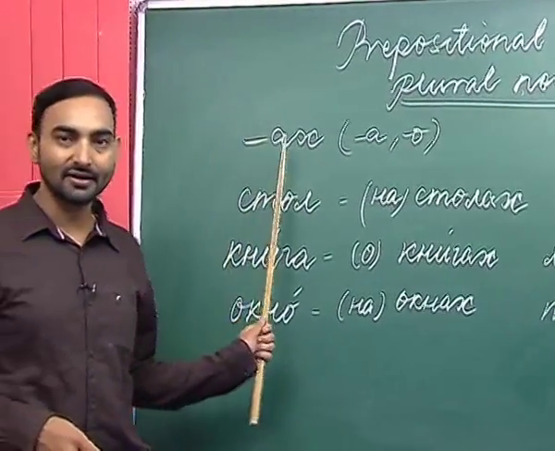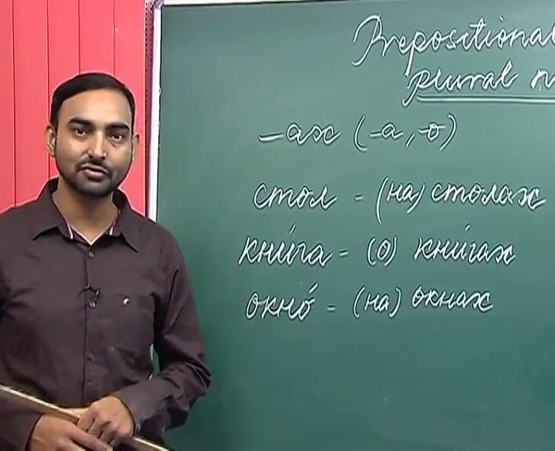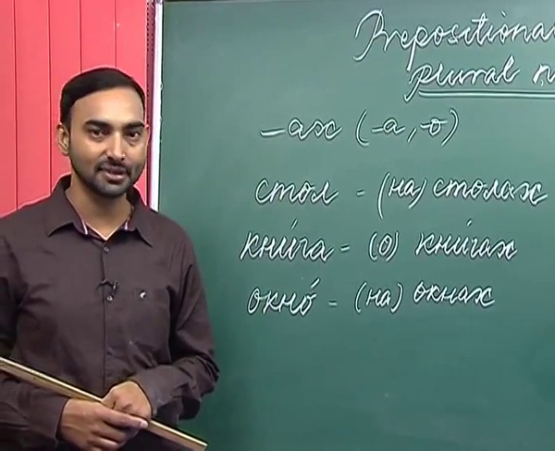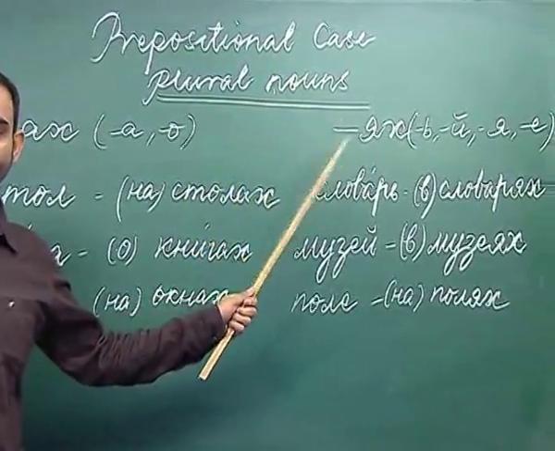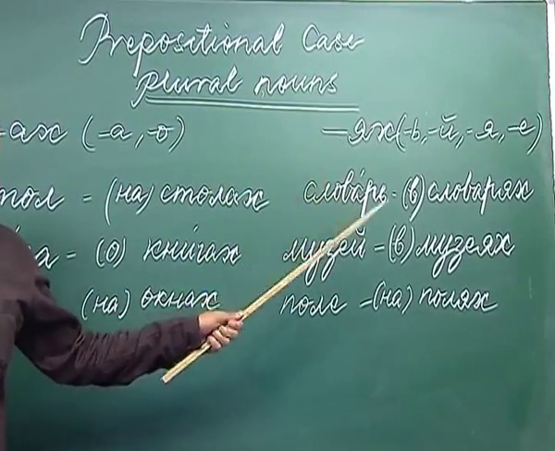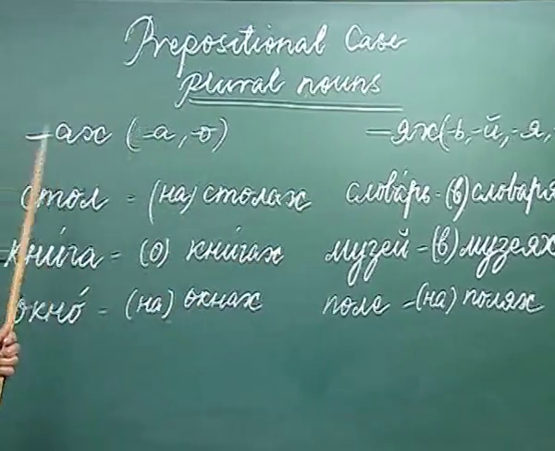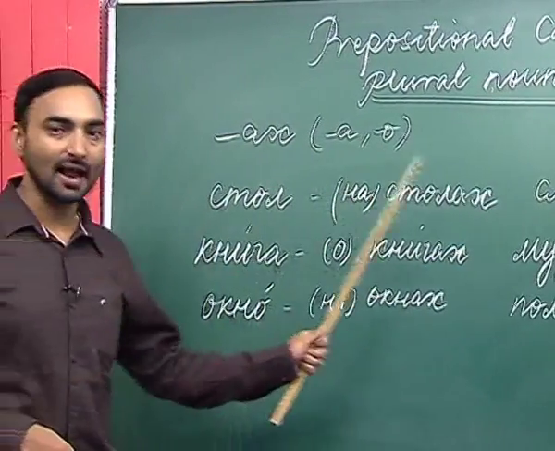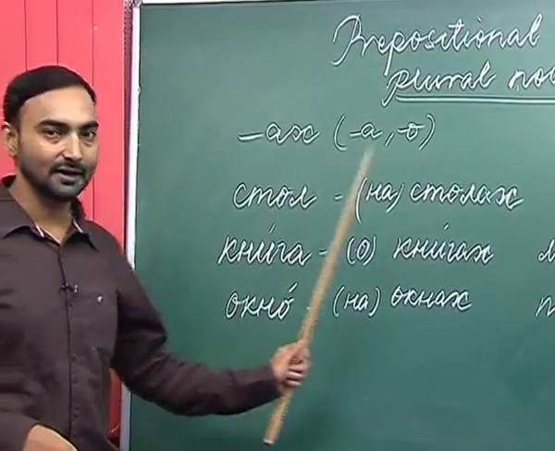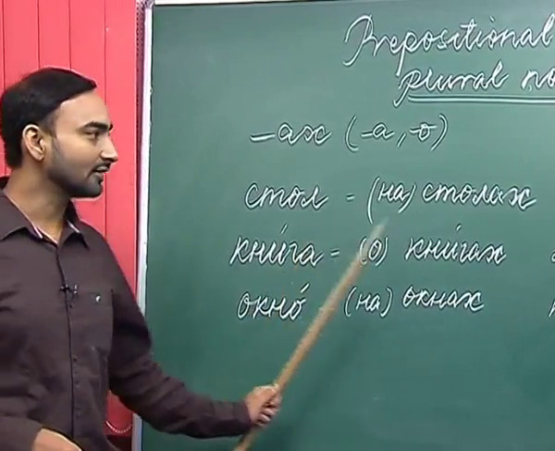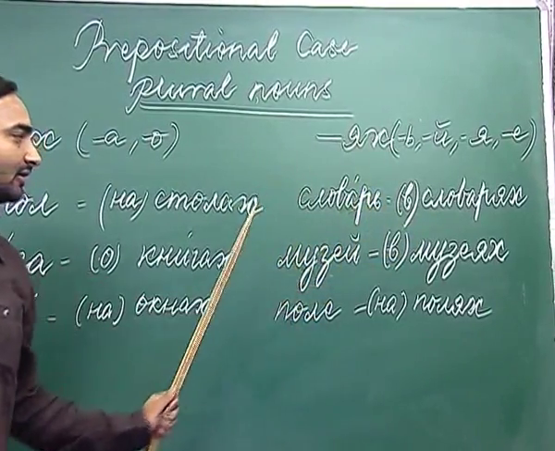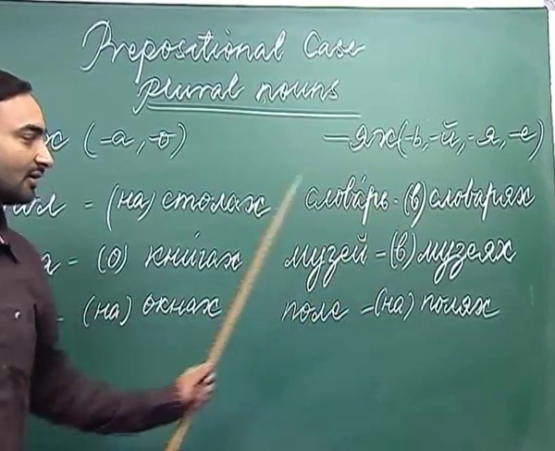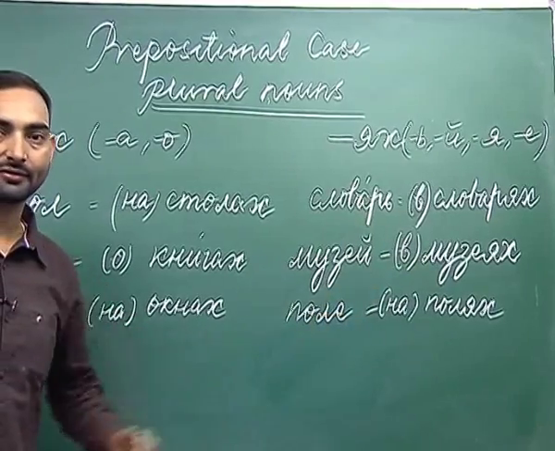Ach is added to a hard ending noun to get its plural in the prepositional case, and yach is added to the soft ending nouns to get its plural in the prepositional case. For example, stol, stolach, kniga, knigach, okno, oknach, slovar, slovaryach, muzei, muzeyach, pole, polyach.